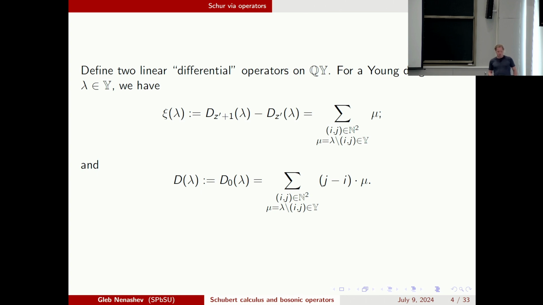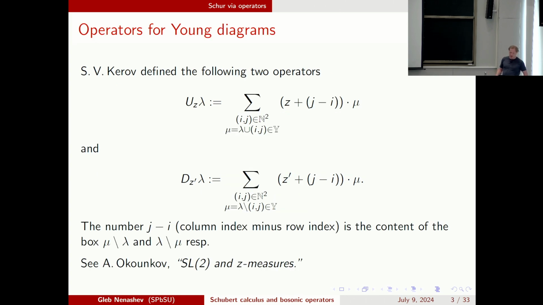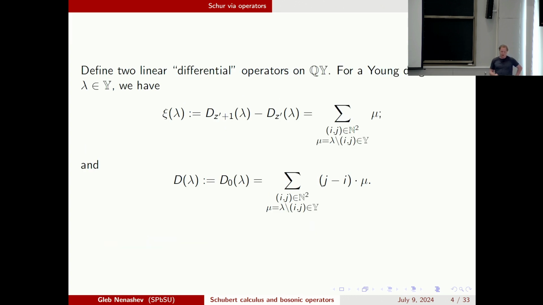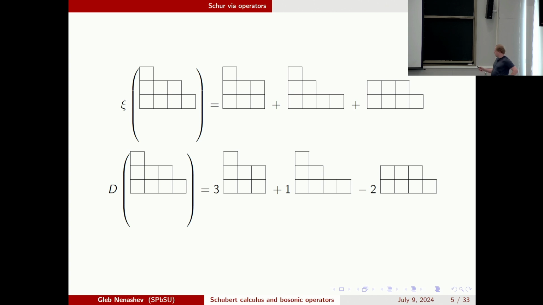As you see, D depends on Z, and so we can split this operator into two. Just D, where we have only the constant J minus I, and Xi, where you take the diagram with coefficient 1. Okay, and let's present an example.